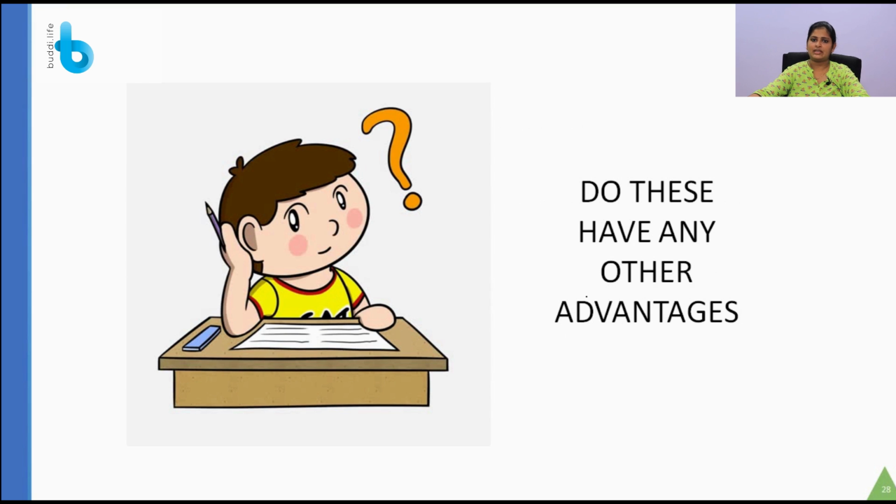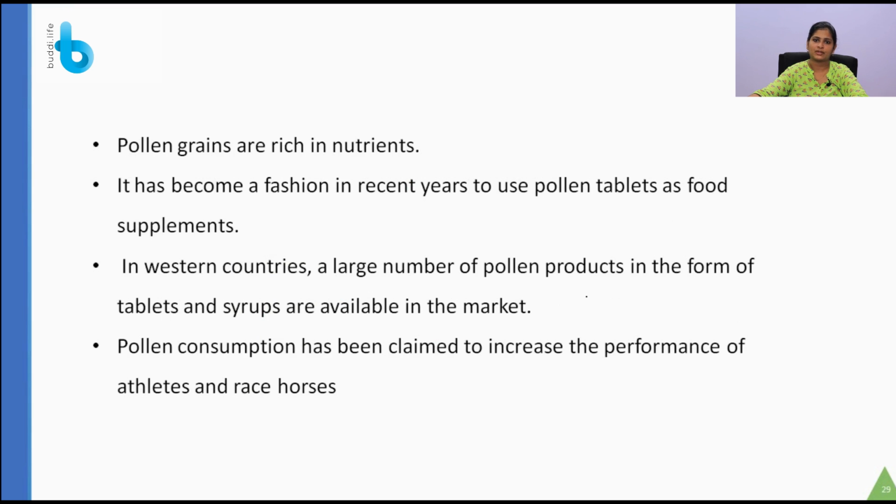Do you think these have any other advantages? Of course, yes. They are also taken as supplements in many Western countries. Since pollen grains are rich in nutrients, they are taken as food supplements.